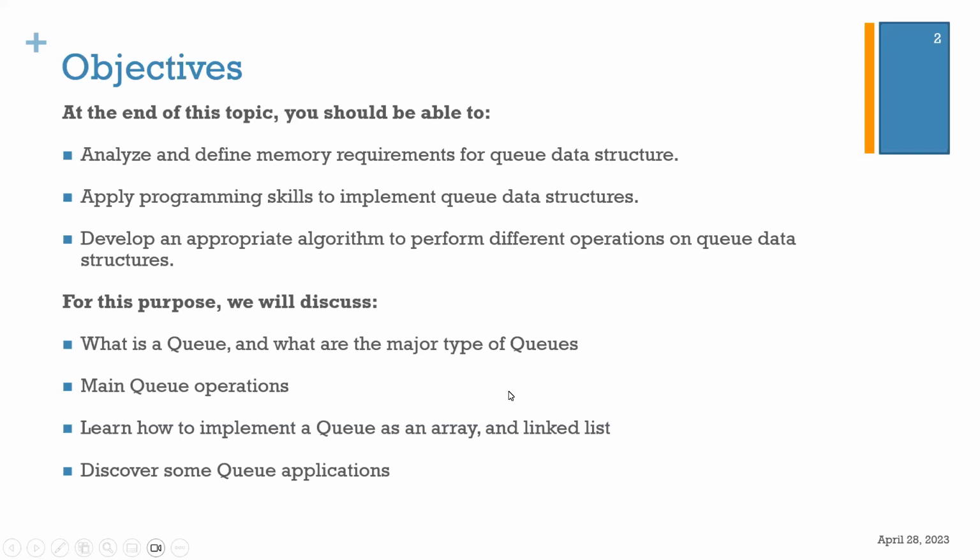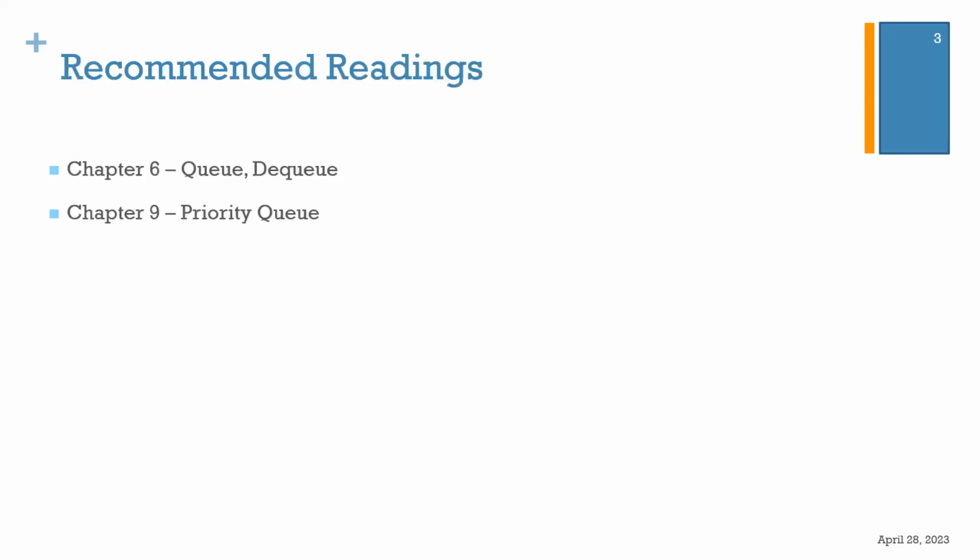For this purpose, we will discuss what a queue is, what the major types of queues are, the main queue operations, and how to implement a queue using an array and linked list stores. We'll also discover some queue applications.